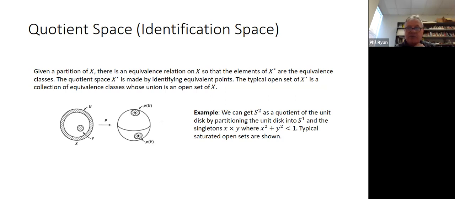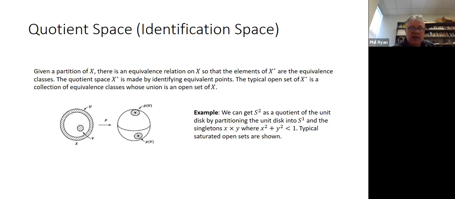So for example, we can think of the sphere as the quotient of the unit disk by identifying the boundary of the disk, the unit circle, as a single point. So we kind of identify that as a single point, say make it the North Pole. And so this is what typical saturated open sets look like.